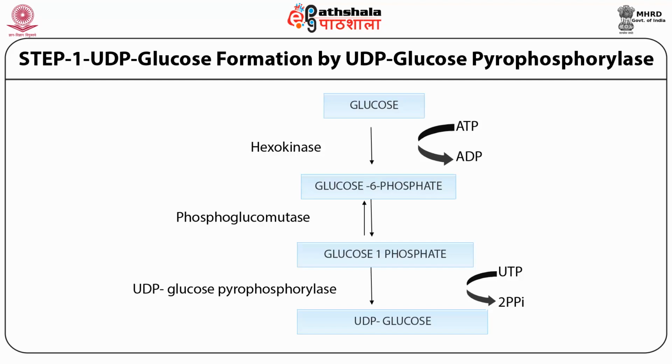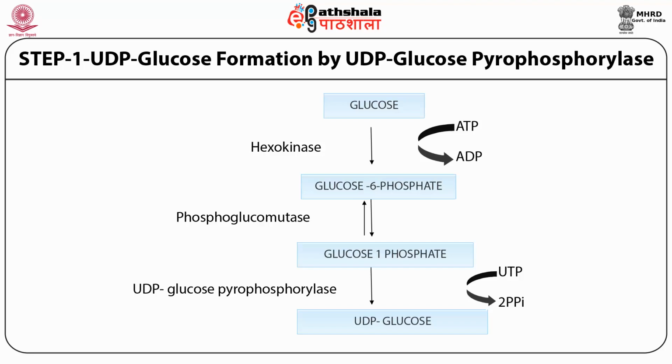The standard free energy of this reaction is very small, nearly zero. But the pyrophosphate formed is hydrolyzed to orthophosphate in a highly exergonic reaction. Conversion of pyrophosphate to orthophosphate is catalyzed by inorganic phosphatase.